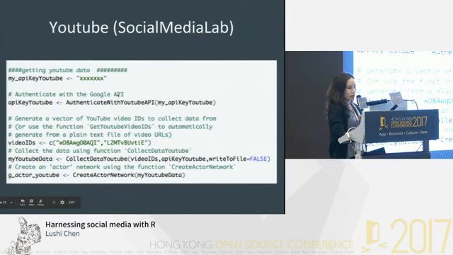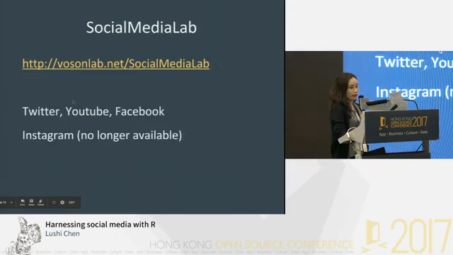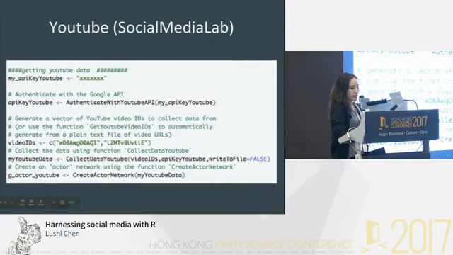But it's quite easy to use. So input your API key, and then authenticate. And then input the video URLs. It's a plain text URL of the video.